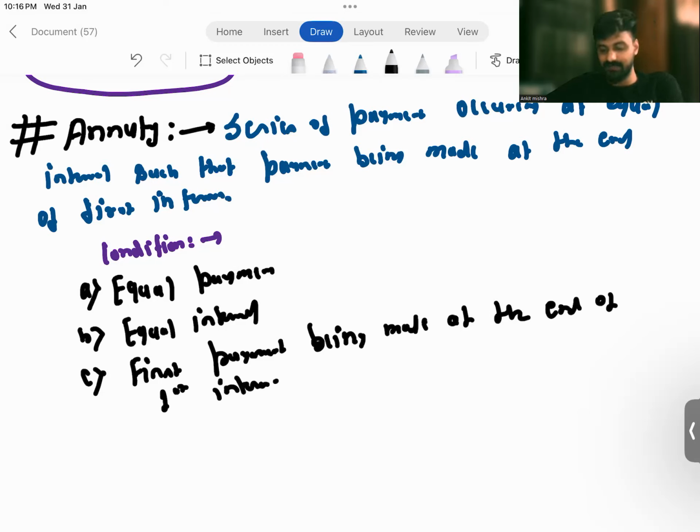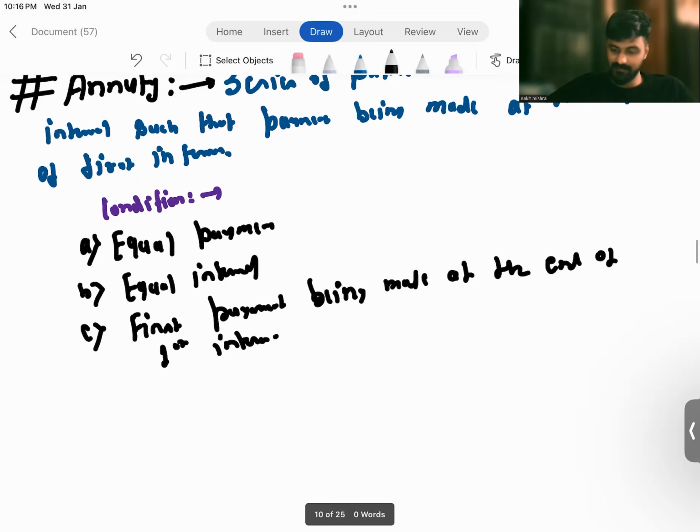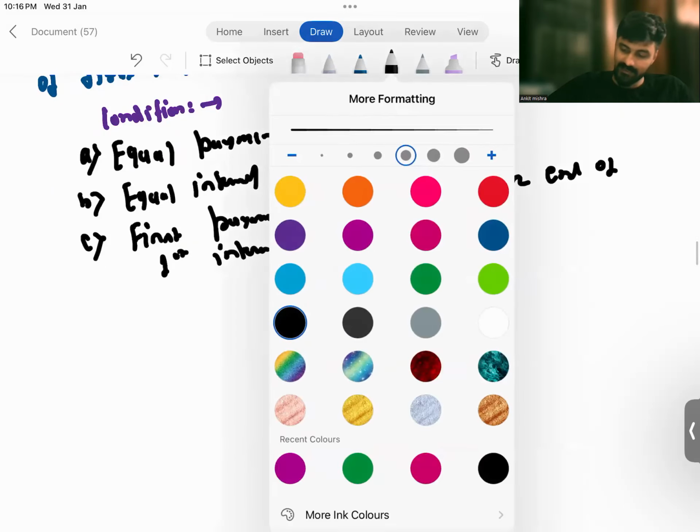So already I have written these things in the definition. So what is happening here? Just try to understand.